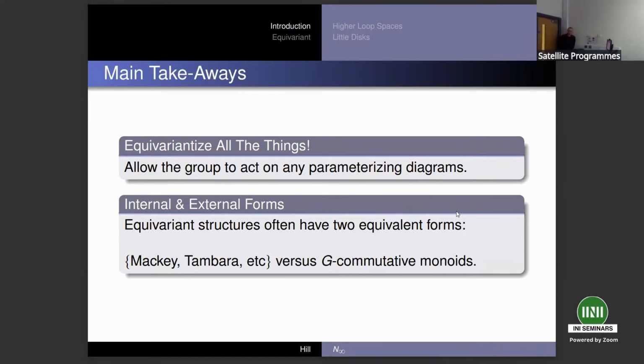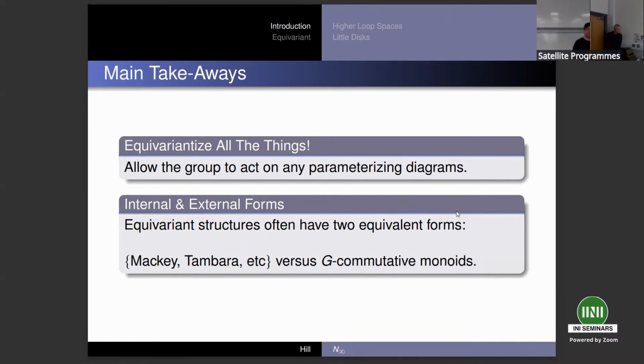And the second that I want you to also keep in mind is that anytime I talk about some kind of structure or some kind of algebraic object, there's sort of 2 ways that I can look about it. There's a way that I want to call an internal form, and there's an external form. And the internal one, the structure tends to be encoded by something like, maybe I have a diagram of groups together with restriction and transfer maps, like a Mackey functor.